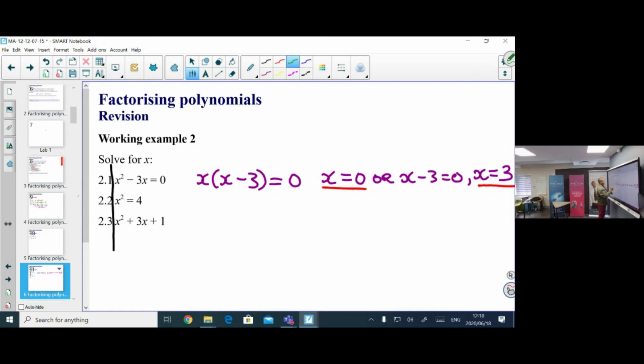We also say that when you factorize, sometimes you might not need to use brackets. Like in this case, you could just choose to say, okay, let me put square root on both sides. So you put a square root on both sides, and square root of 4 would give you 2. But that's what most of the learners do.